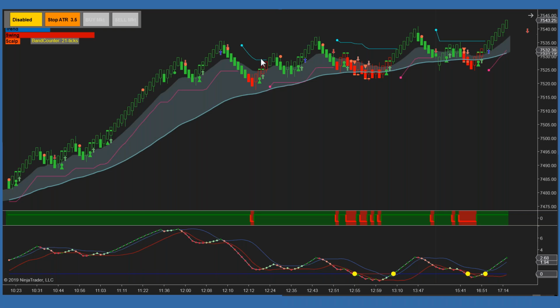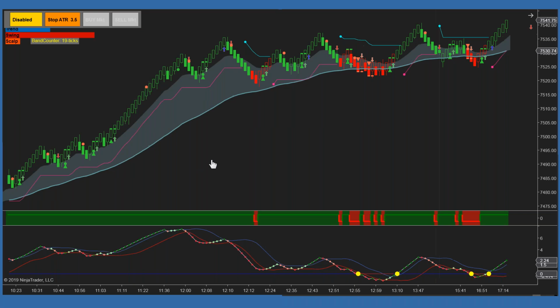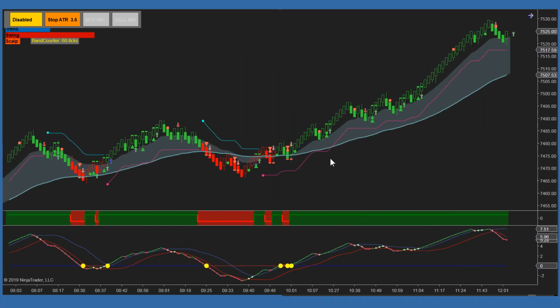So right off the bat, fib time extensions are not going to work all that well in a sideways looking market. But if you have a market that seems to be developing a trend and you're looking for a place to get in, they may just be that little extra nudge that you need.